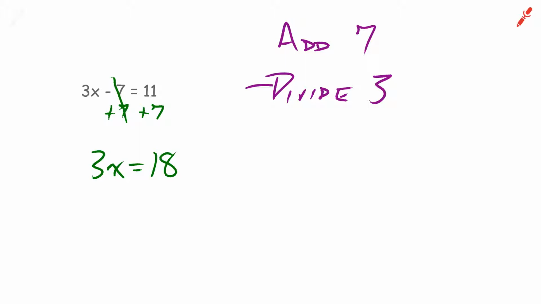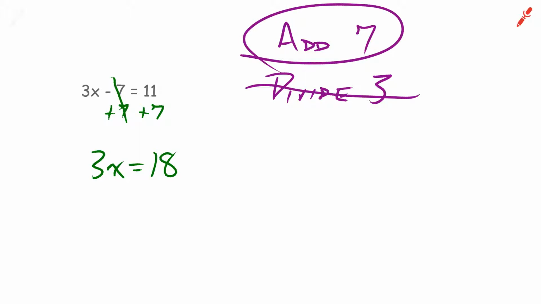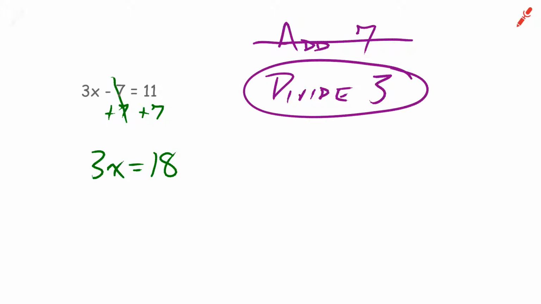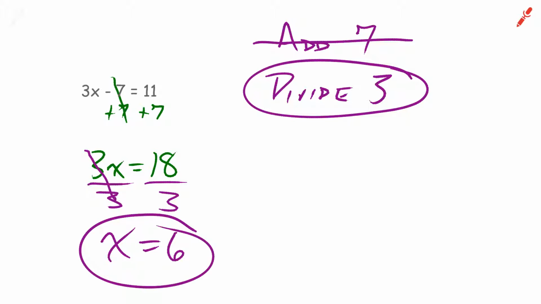I've already added 7. Now I need to divide by 3. So I divide both sides by 3. The 3's cancel, or 3 divided by 3 is 1, and 1 times x is x. So I get x by itself, and 18 divided by 3 gives me 6. Ladies and gentlemen, I just solved it.